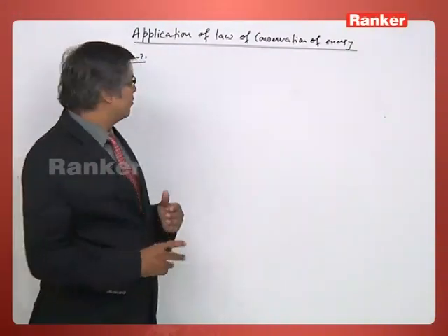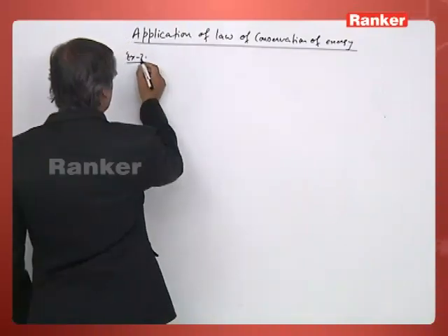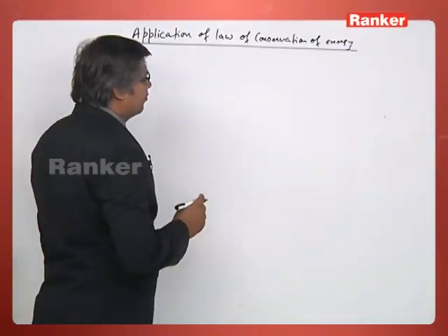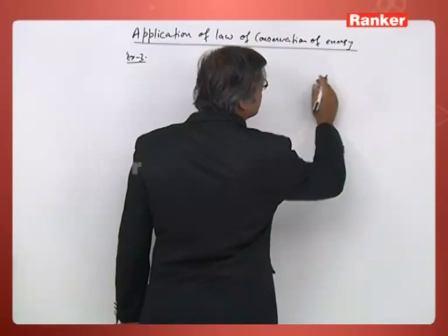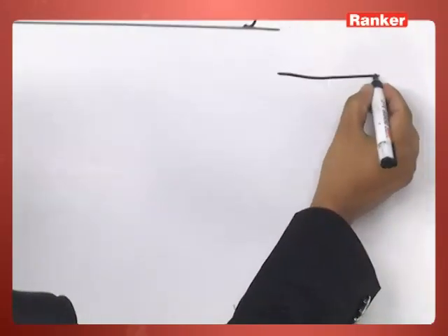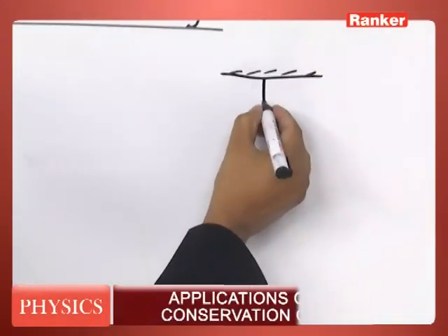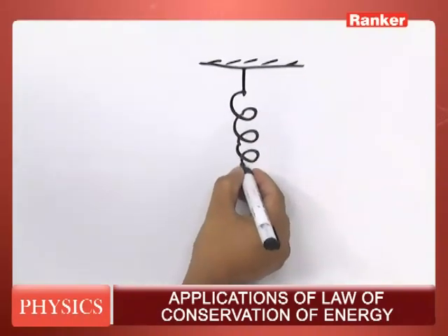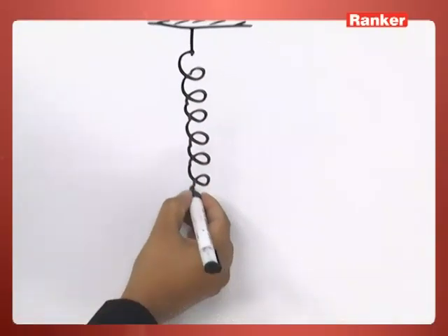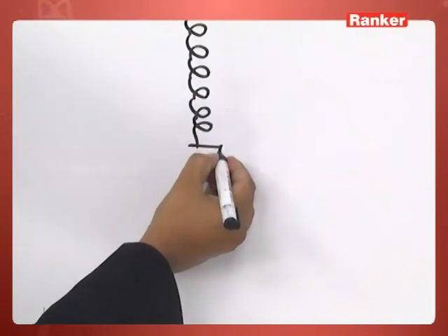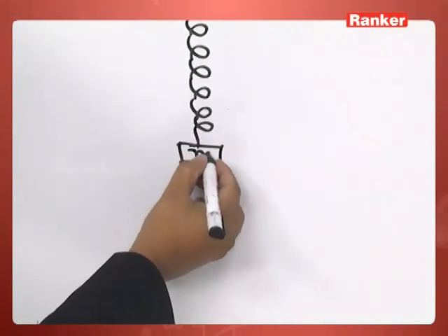Now let us take one more example. This is example number 3, where I have a spring. Suppose I have a spring here and this spring is connected to a mass m.